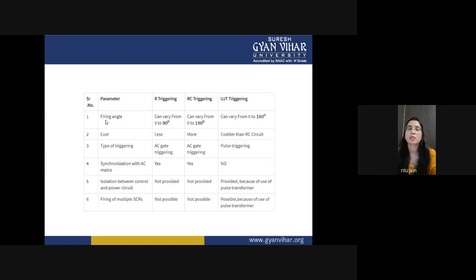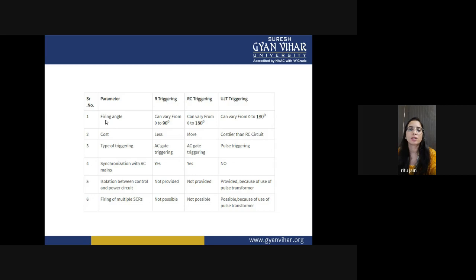In AC triggering you require an extra transformer, because this triggering steps down the main supply, which is the AC voltage. The transformer steps down the voltage, and that stepped-down voltage is applied to the triggering circuit.